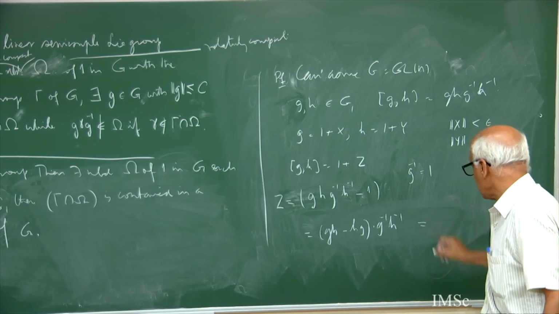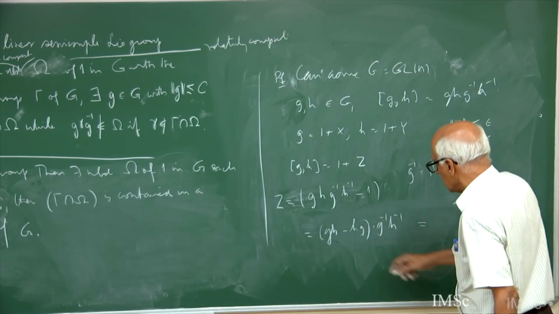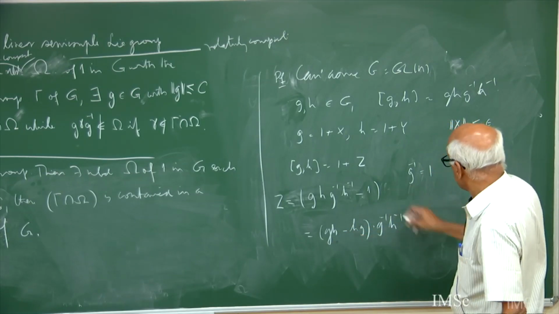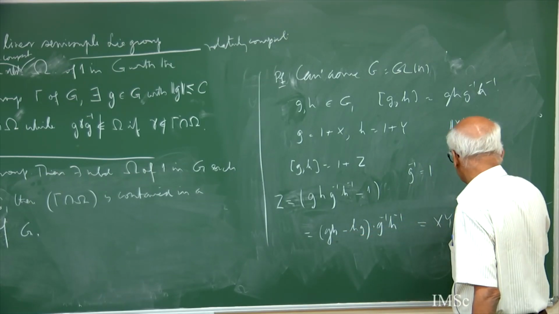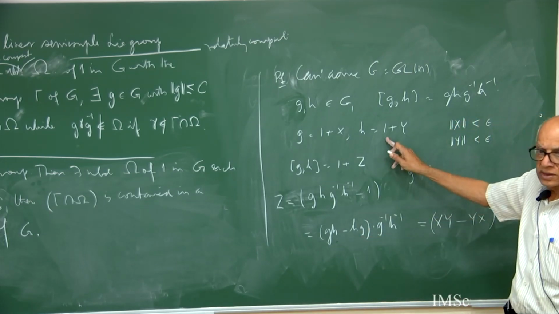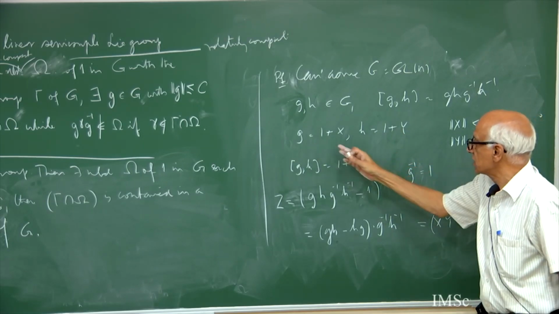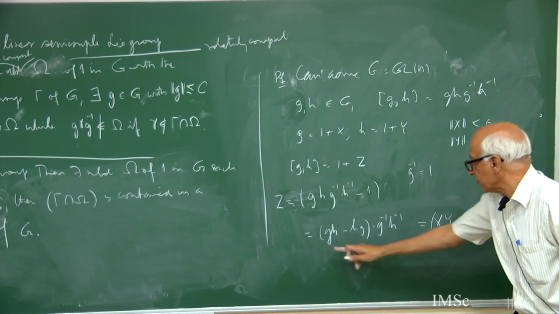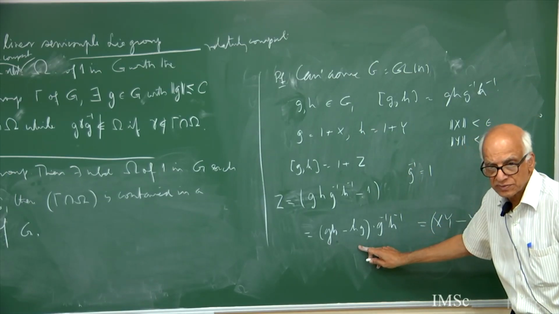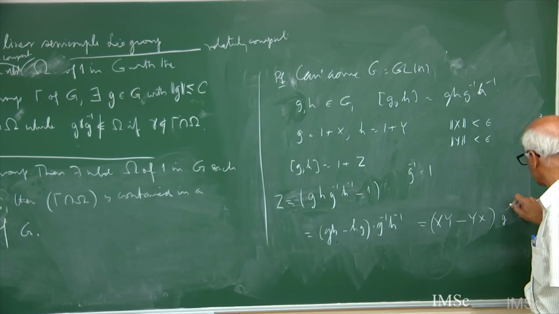This is going to be equal to G H minus H G, but that's the same thing as X Y minus Y X. Because I'm only adding a scalar matrix, the commutator, the bracket of H and G is the same as the bracket of X and Y, and what I have here is the bracket G H minus H G, so times G inverse H inverse.